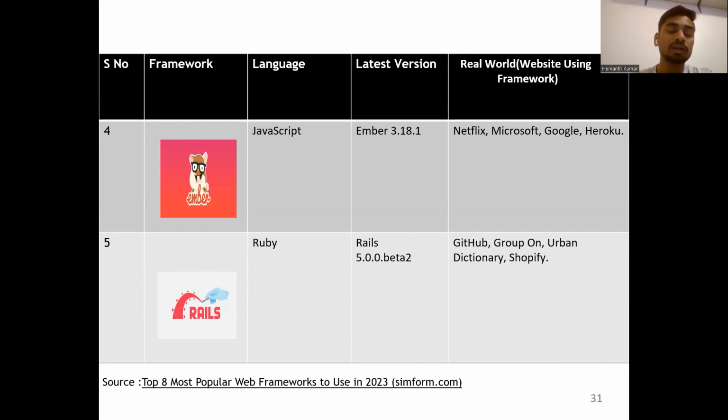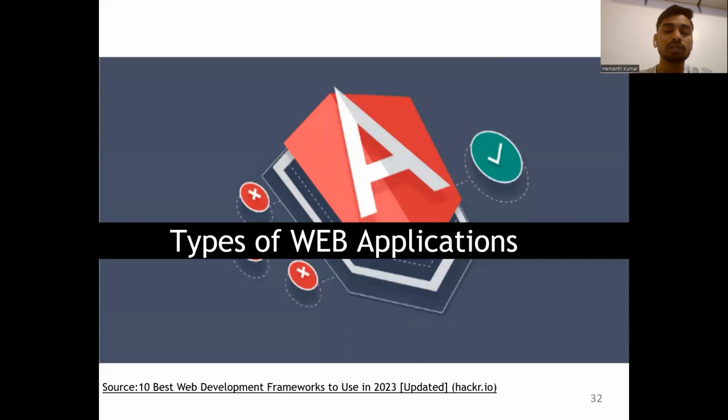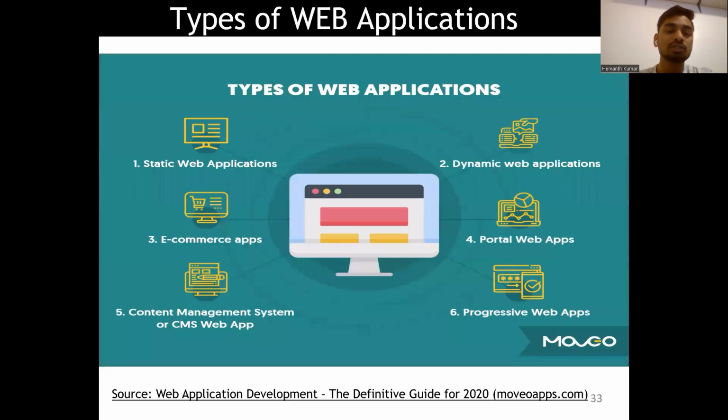And continuing with the next slide, we have types of web applications. And different types of web applications are static web applications, dynamic web applications, e-commerce applications, portal web applications, and management system applications. And the final one is progressive web applications.